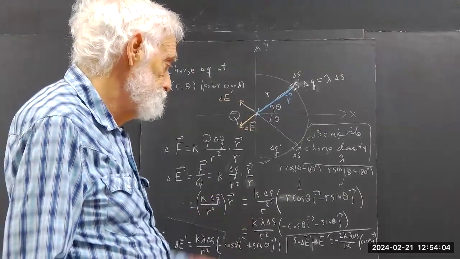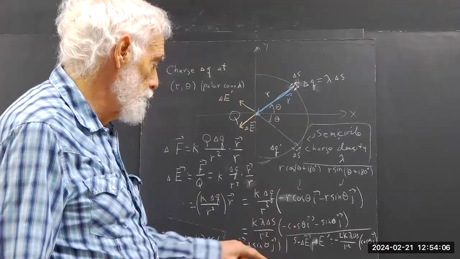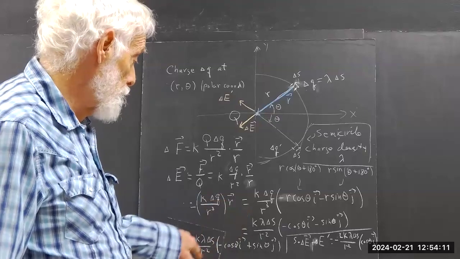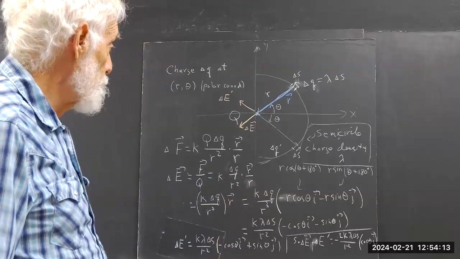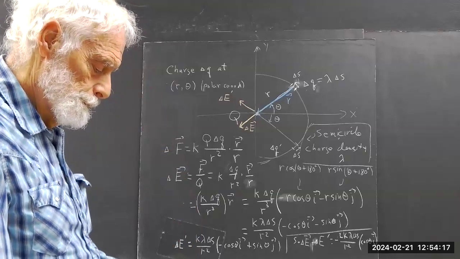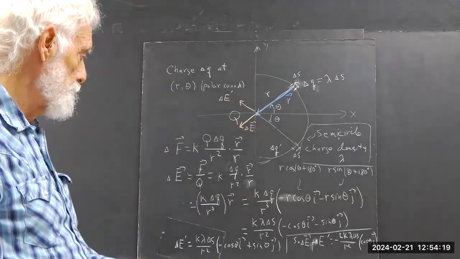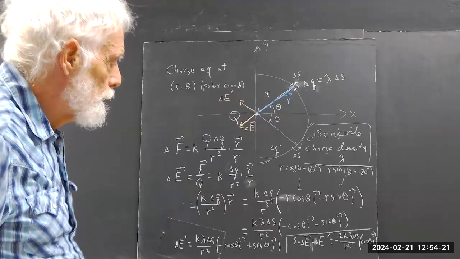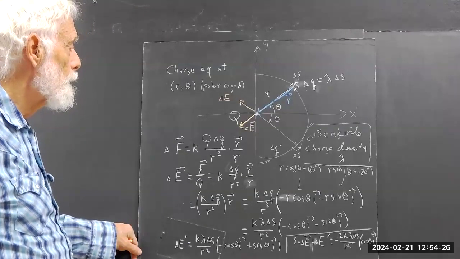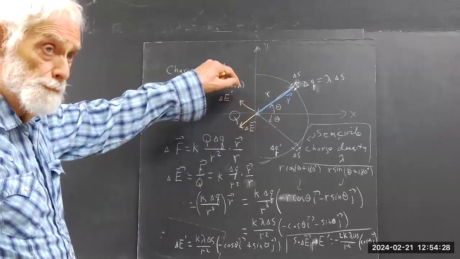We're getting a negative cosine theta i here and a negative cosine theta i here, both multiplied by the same factor, and we have this. Does that pretty much make sense?